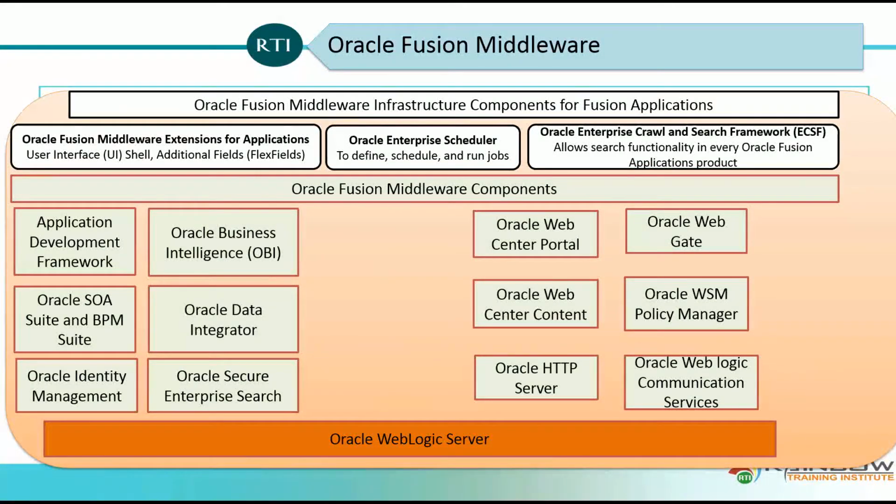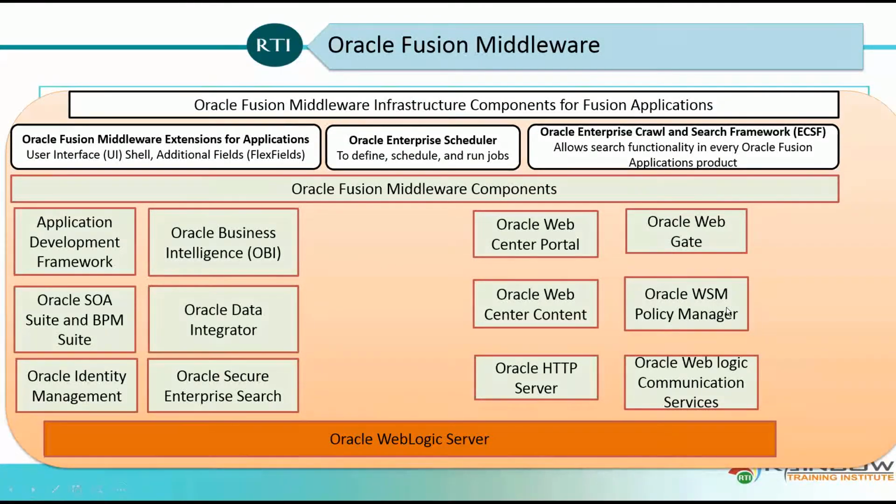That is another advantage. So by writing the security policies here, you don't need to worry about your underlying application logic. All your policies will be written in this WSM policy manager, and it will take care of how the security should work.